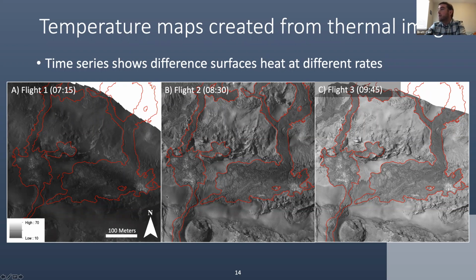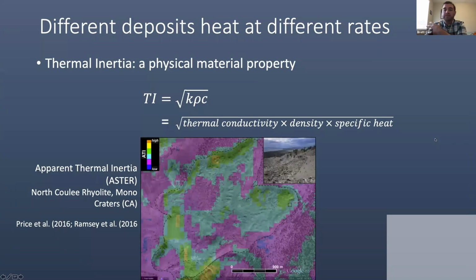As the day goes on and the ground surface heats up because it was a sunny day, we can actually see different portions of the surface heating at different rates. You can see the tephra surfaces are brighter in this last image compared to the lava, which is darker or cooler. So we can see different types of volcanic deposits are heating at different rates. This is due to a physical material property called thermal inertia.